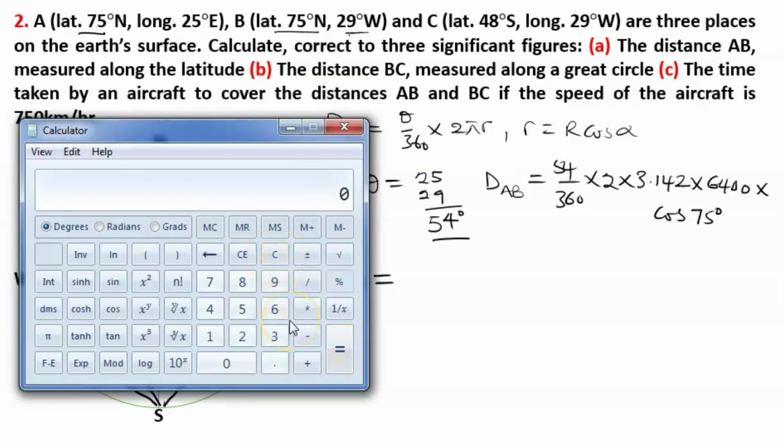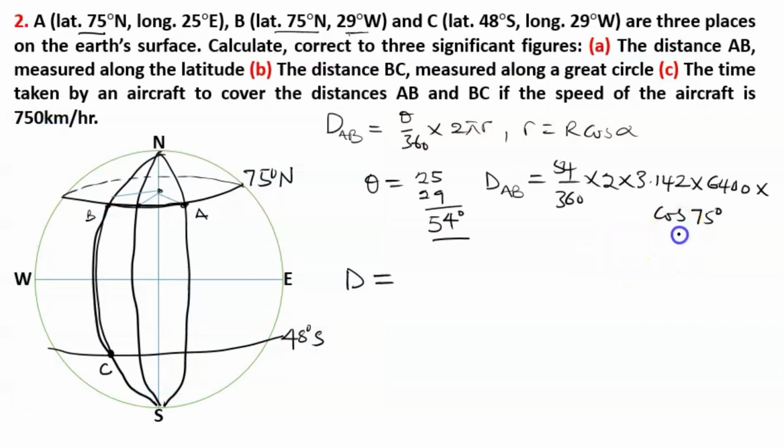I'm trying to see what cos 75 is. If I take the cos on my calculator, I need to just go gently with it. I have 0.2588. That's the value of cos 75, and this is going to help me to multiply better.